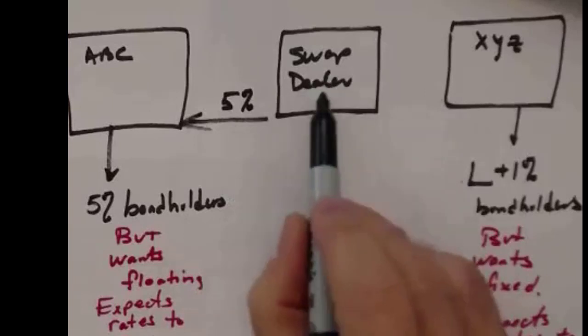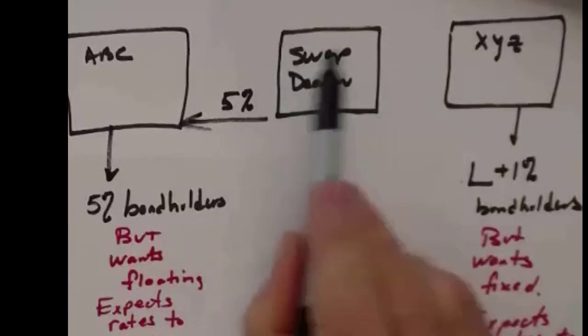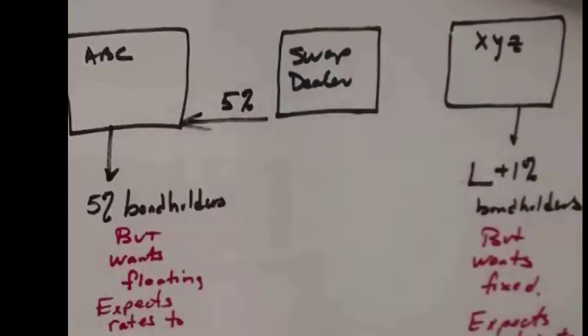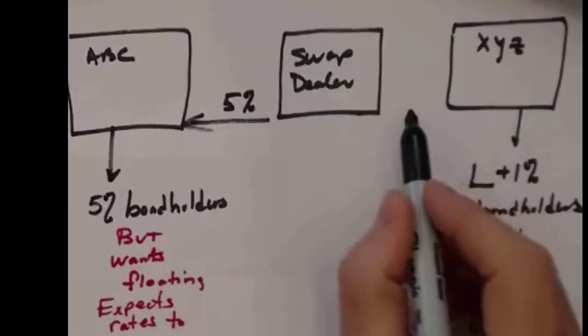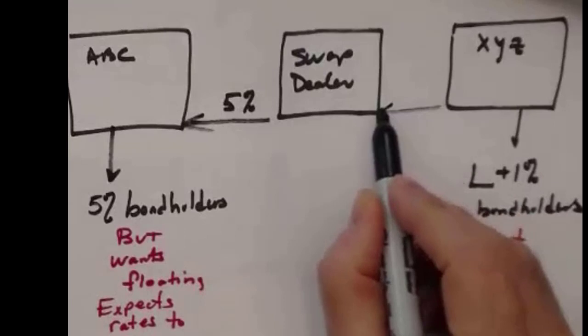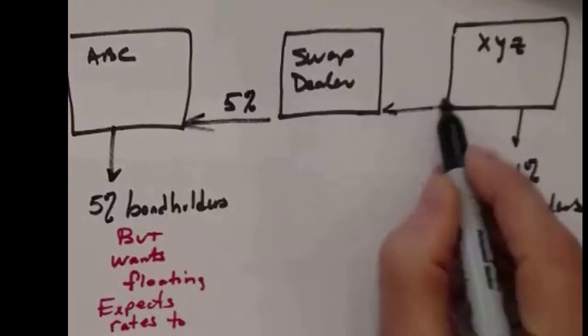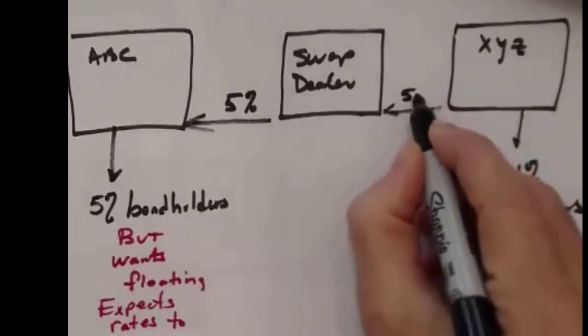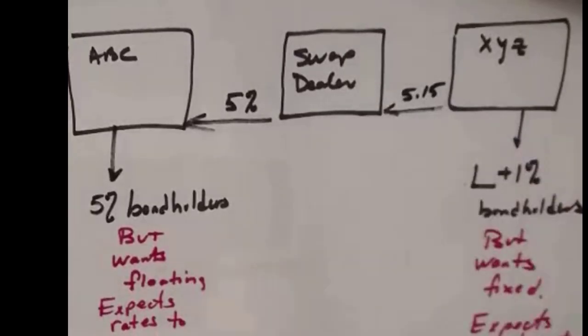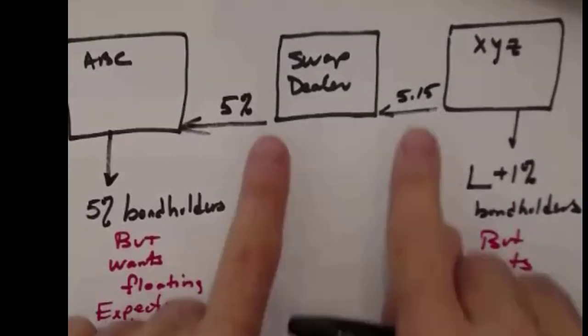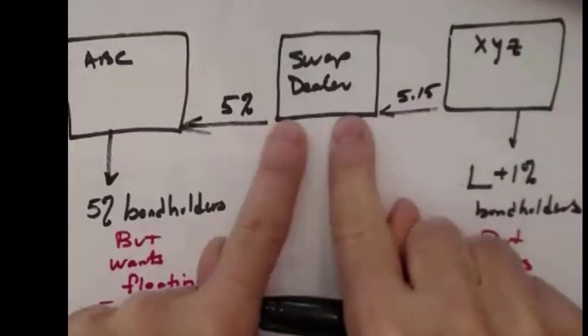The swap dealer has negotiated or worked with both parties to come up to an agreement to swap. And those fixed rates are going to come from XYZ. Because remember, XYZ wants to pay fixed. And so we can set it up so that XYZ pays 5.15%. There's that 15 basis points that the dealer is taking.